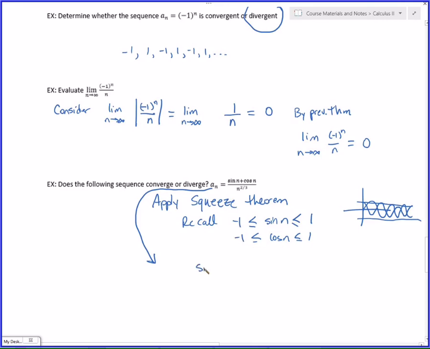So if you have sine of n plus cosine of n divided by n to the 2/3, what's that going to be smaller than? What is the top bounded above by? What's the biggest it could ever be? Well, the sine is going to be bounded above by 1, and so is the cosine.